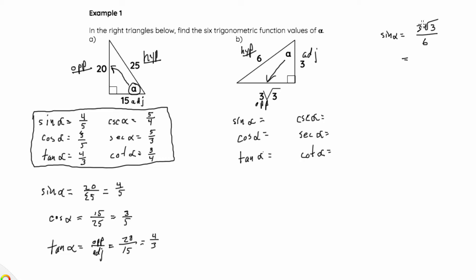So I see that a 3 goes into both of these, so I'm going to divide this by 3 and get a 1, divide this by 3 and get a 2. So we have 1 root 3 on the top. I'm not going to write 1 root 3, I'm just going to write root 3 because it's 1 times root 3. And on the bottom, we're left with a 2. So sine of alpha is root 3 over 2.